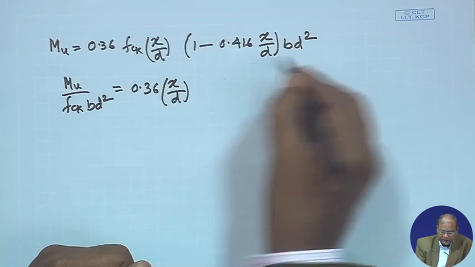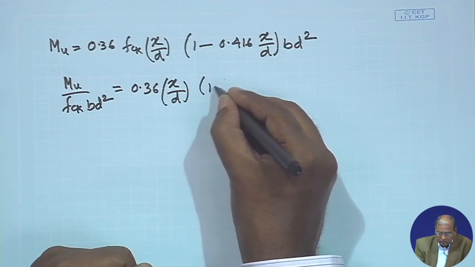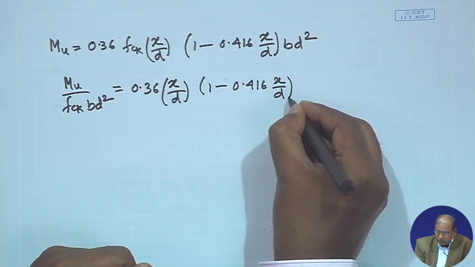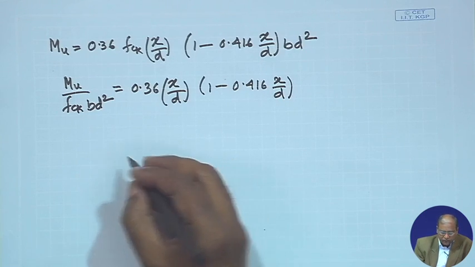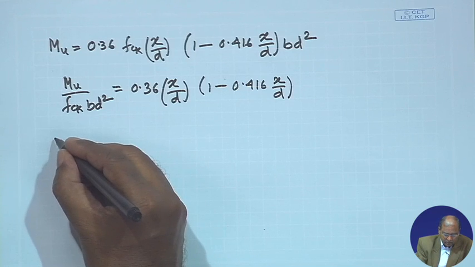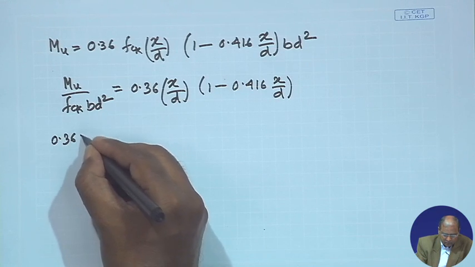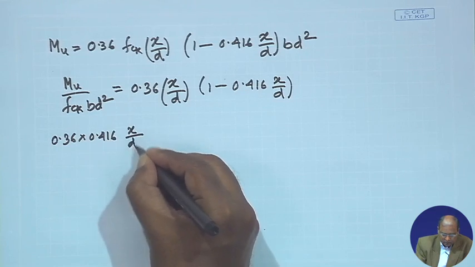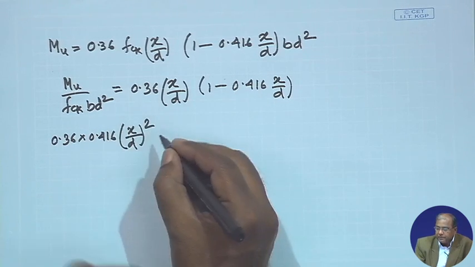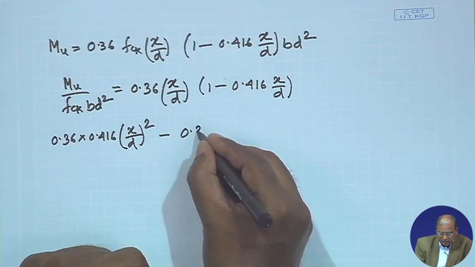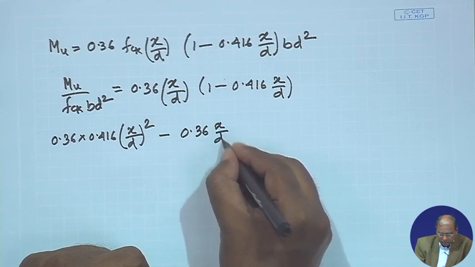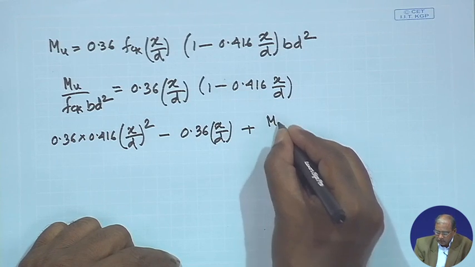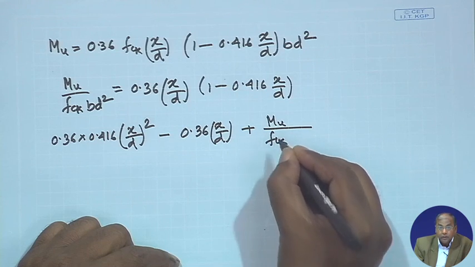So I am rearranging this particular equation, and from there you can find out here. I am taking this equation in one place, plus FCK.